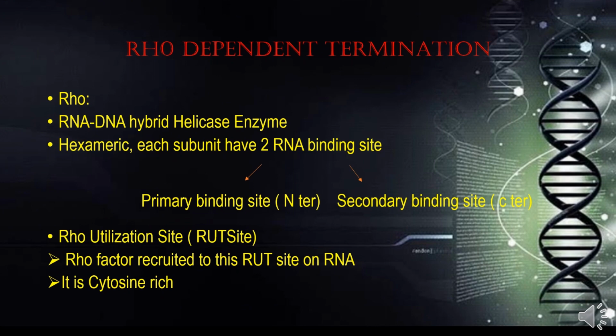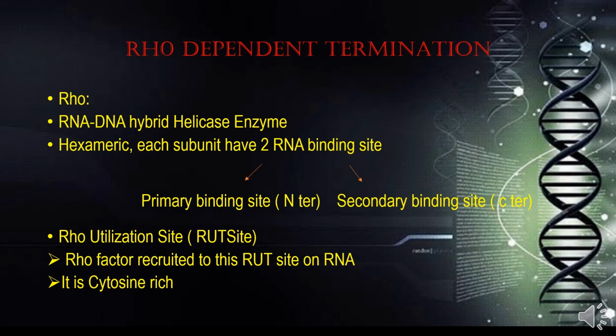Then we come to rho-dependent termination. As the term indicates, the termination occurs with the help of rho factor. What is rho factor? Rho factor is an RNA-DNA hybrid helicase enzyme. It is hexameric in nature, and each subunit has two RNA binding sites.